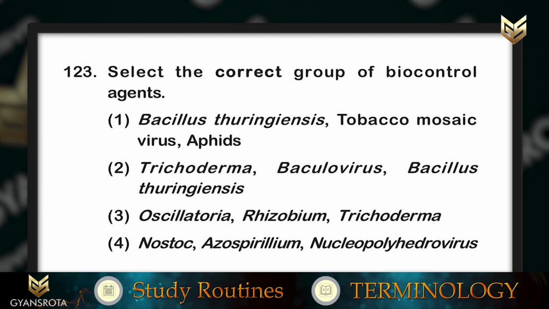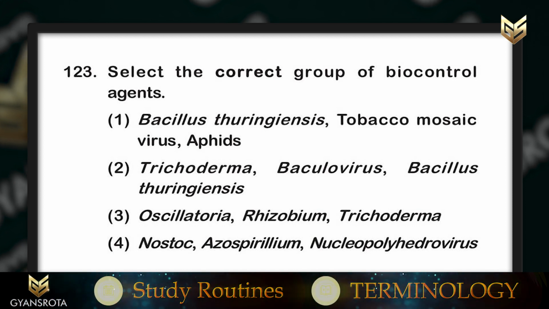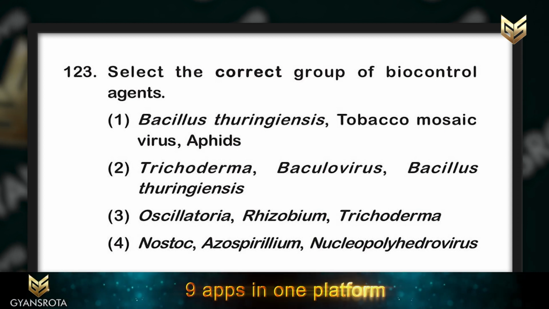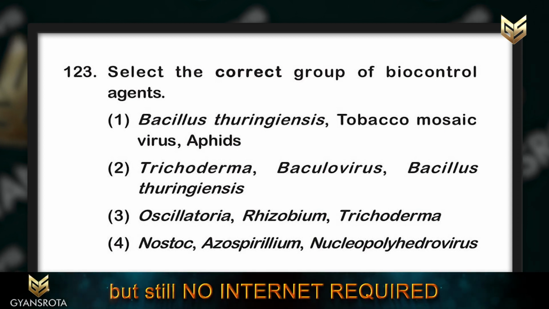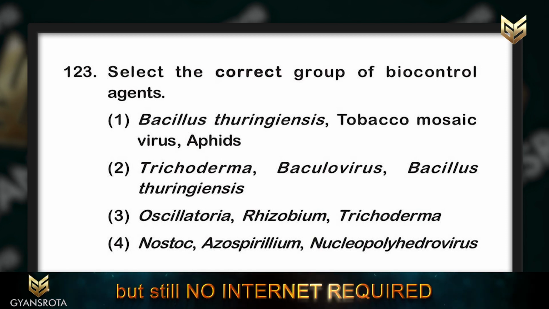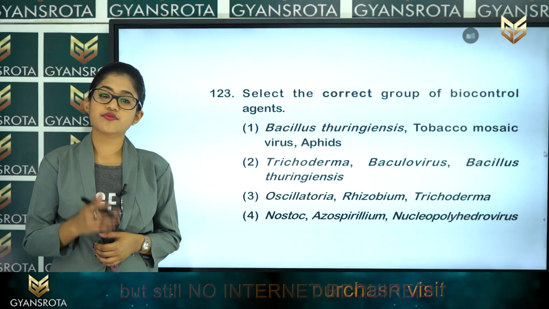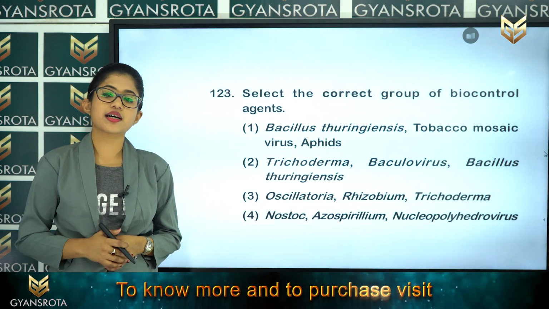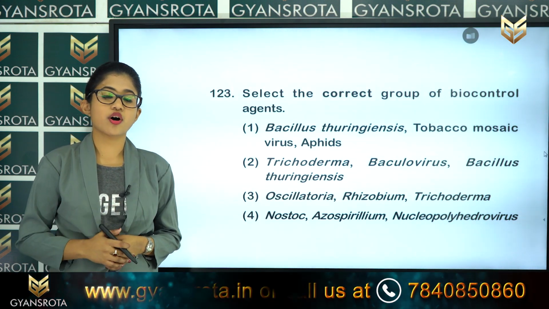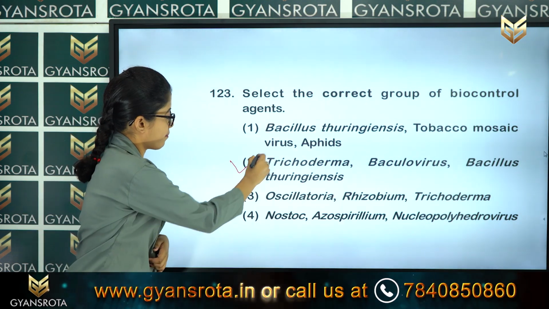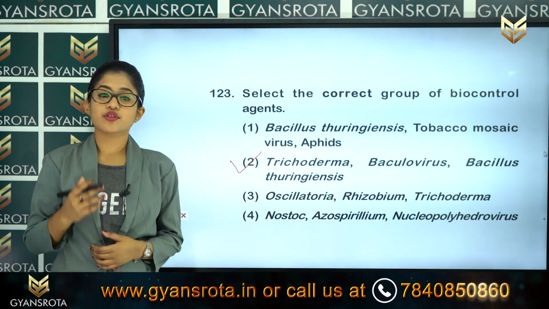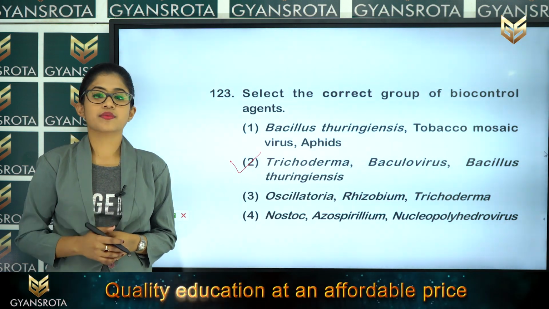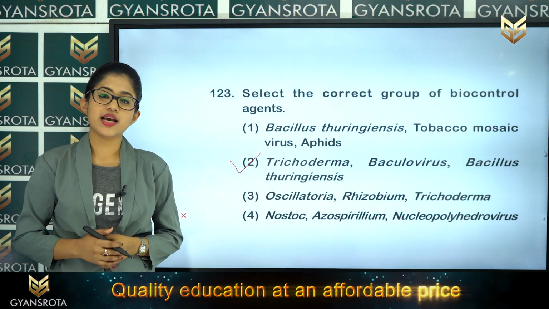Third option is Oscillatoria, Rhizobium, Trichoderma, and the fourth option is Nostoc, Azospirillum and Nucleopolyhedrovirus. We have talked about this from the chapter Biotechnology and Its Applications. So, which among them is the correct option? That is option number 2: Trichoderma, baculovirus and Bacillus thuringiensis is the correct group of biocontrol agents.